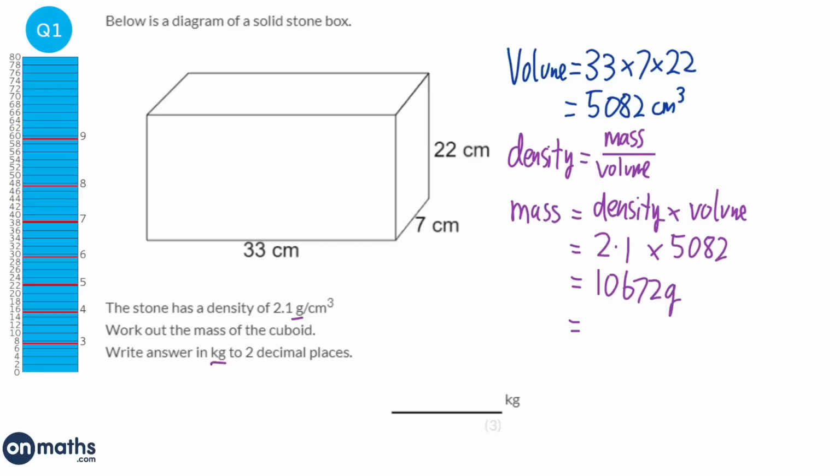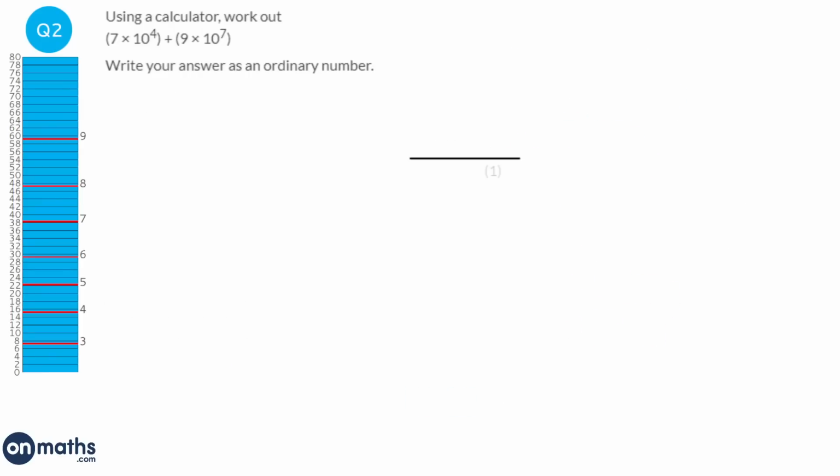So to convert that to kilograms, we just divide by 1,000 and we get 10.672. Then we need to round that to 2 decimal places, and so that would be 10.67 kilograms.